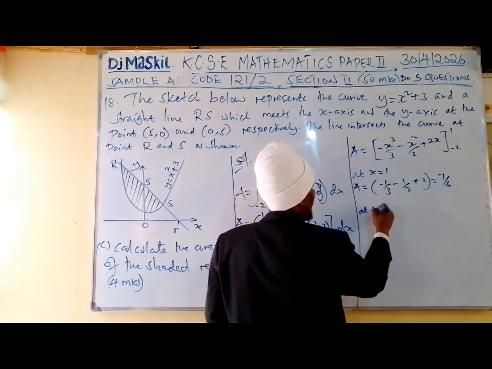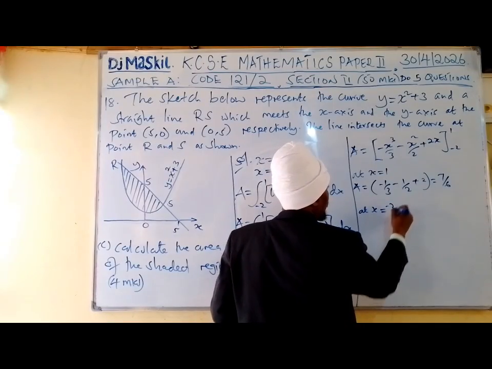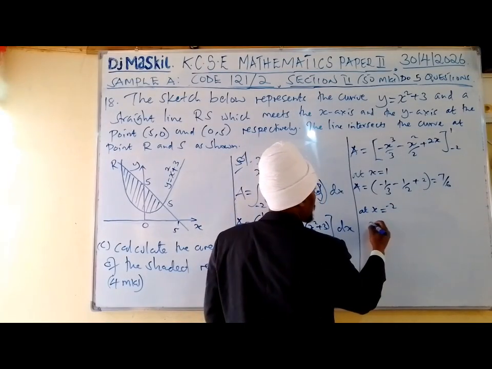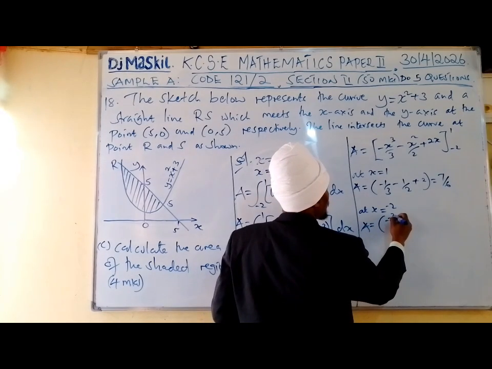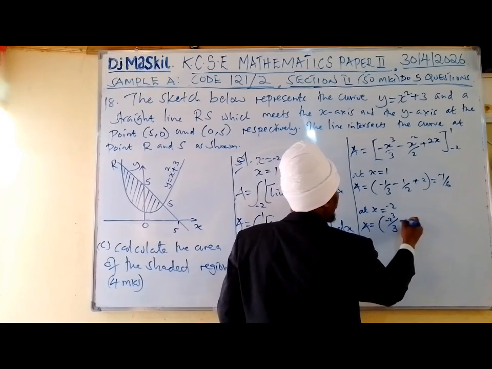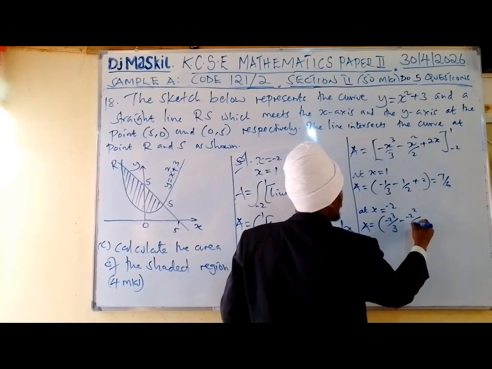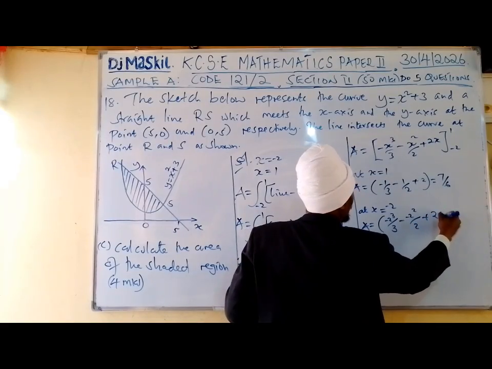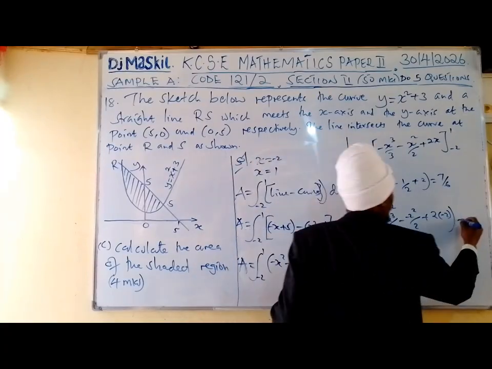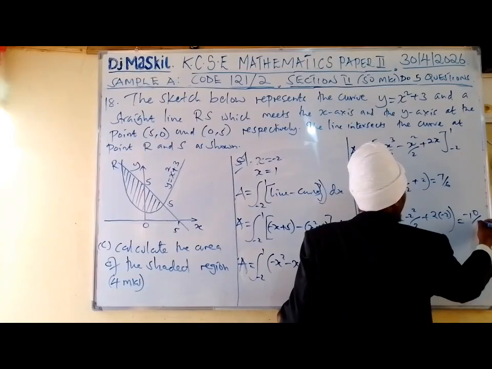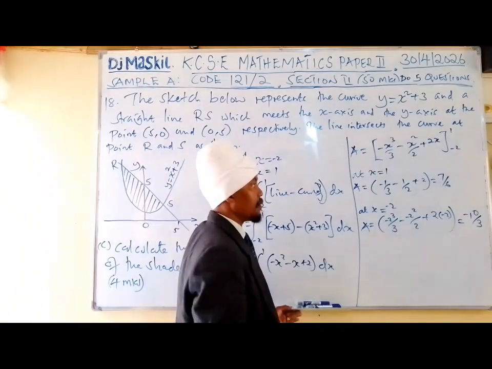So at x is equal to negative 2, we are going to say negative 2 cubed over 3 minus negative 2 squared over 2 plus 2 into bracket negative 2. This one is minus 10 over 3.